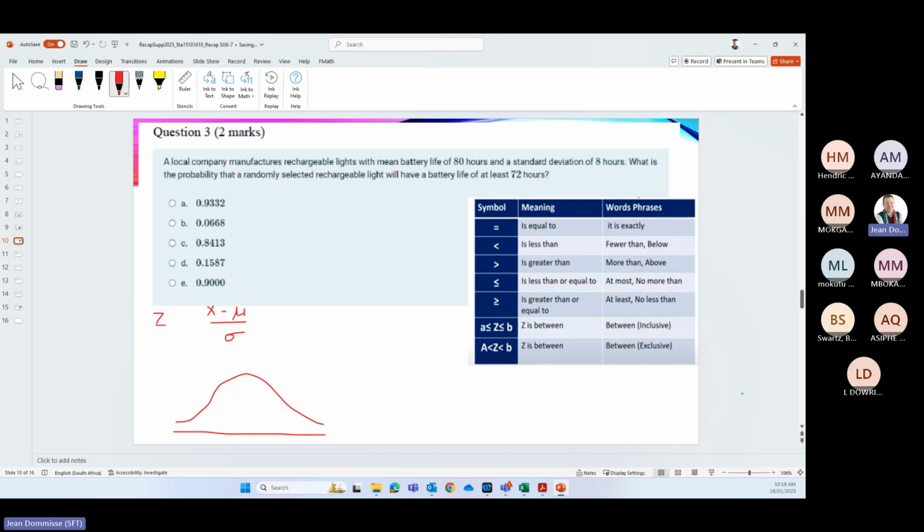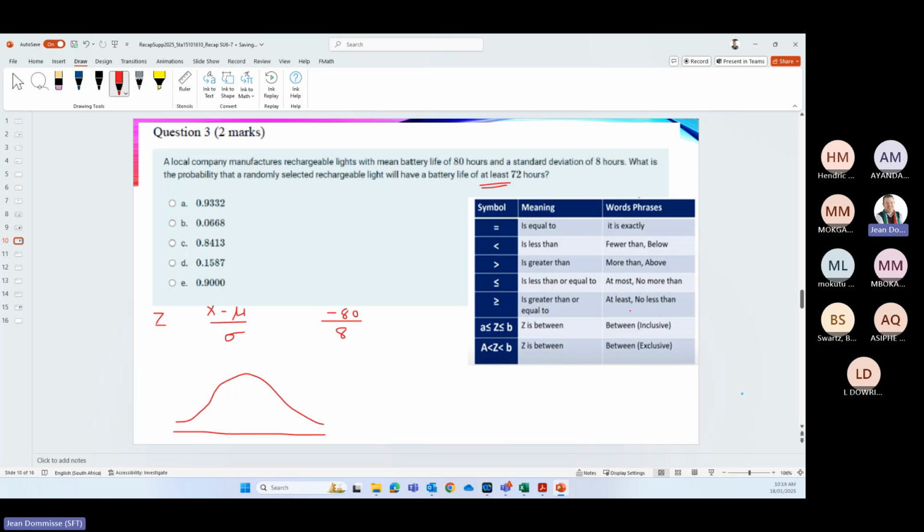A local company manufactures rechargeable lights with a mean battery life of 80 and a standard deviation of 8 hours. What is the probability that a randomly selected light will have a battery life of at least 72?